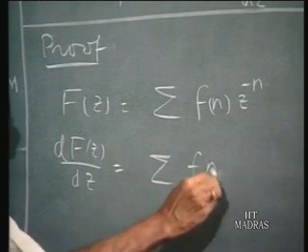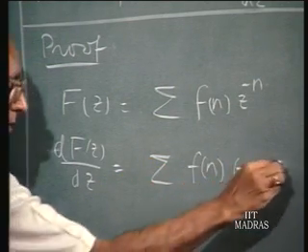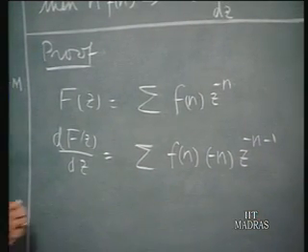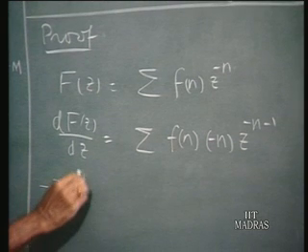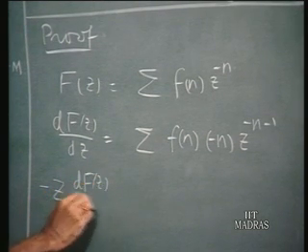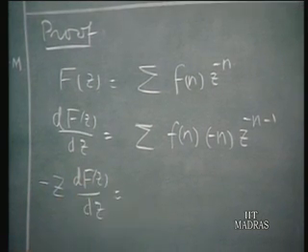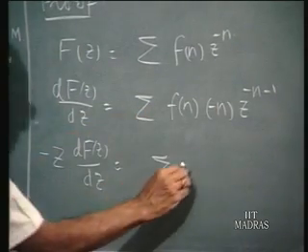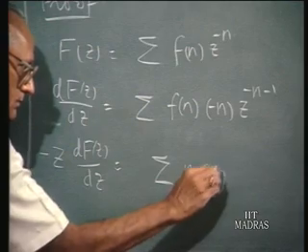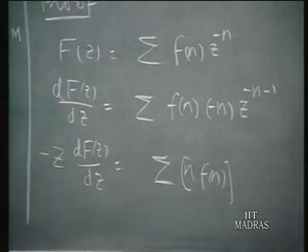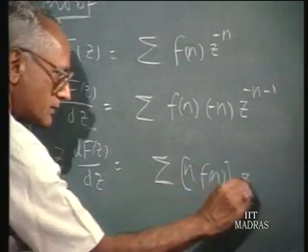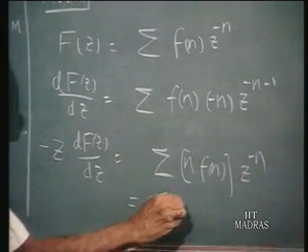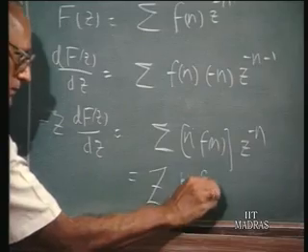This will be f of n times minus n z power minus n minus 1. So consequently, if I multiply this by minus z, minus z dF by dz equals, this minus sign cancels with this minus sign, and you have n f of n, and since you are multiplying by z, this becomes z power minus n. And this is after all the z transform of n f of n.